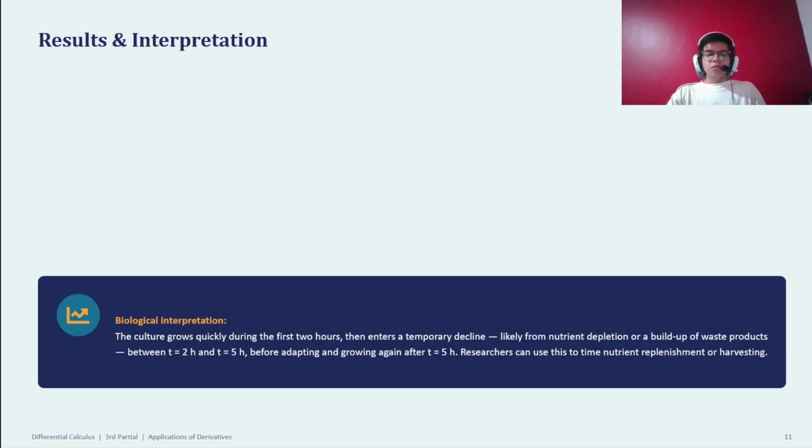We have the result and the interpretation. Here's the interpretation. The culture grows quickly during the first 2 hours, then enters a temporary decline, likely from nutrient depletion or a buildup of waste products, between t equals 2 hours and t equals 5, before adapting and growing again after t equals 5 hours.